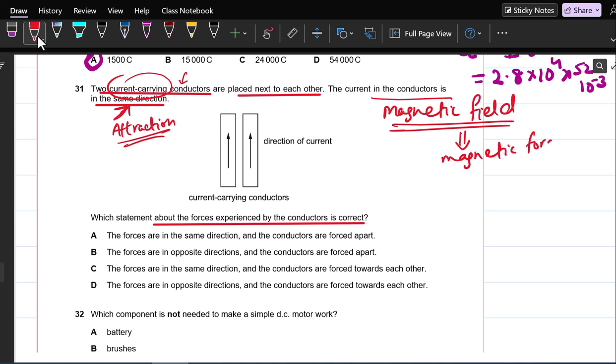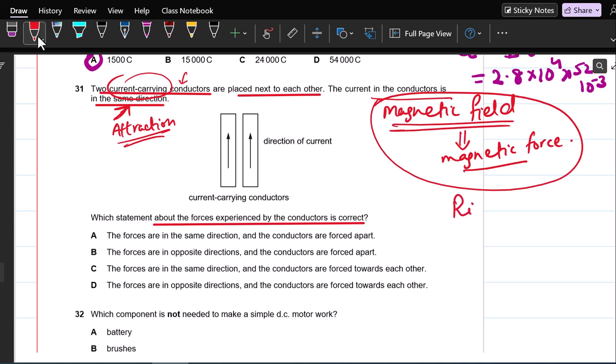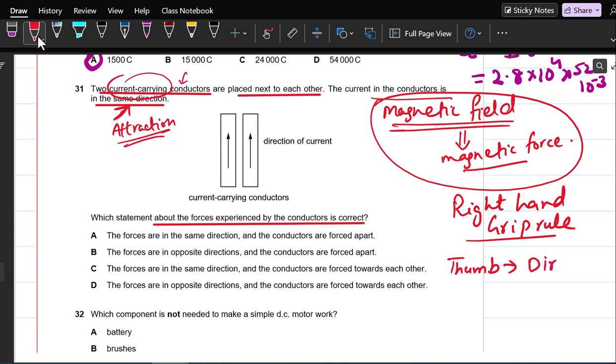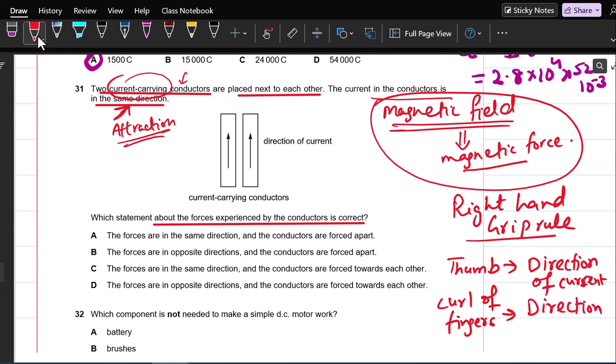So, how can you determine this? You have to use the right hand grip rule. What this rule says: thumb represents direction of current, and curl of fingers represents direction of field.